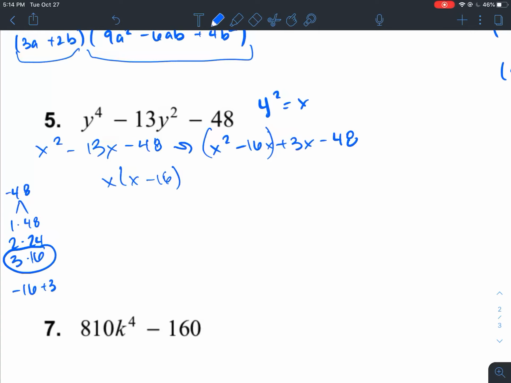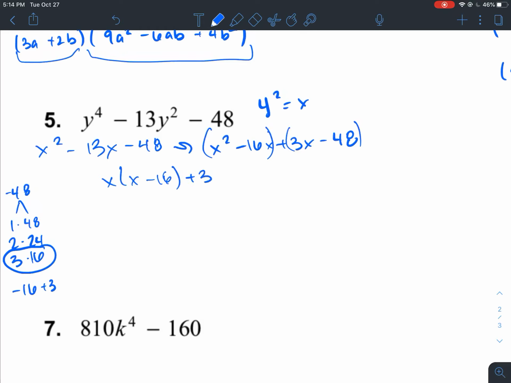And then right here, on the right side, is there anything that I can factor out of that? I believe 48 is divisible by 3. 48 divided by 3, it is. It's 16. So I can take out a 3.